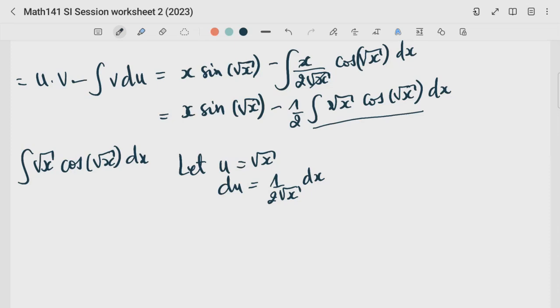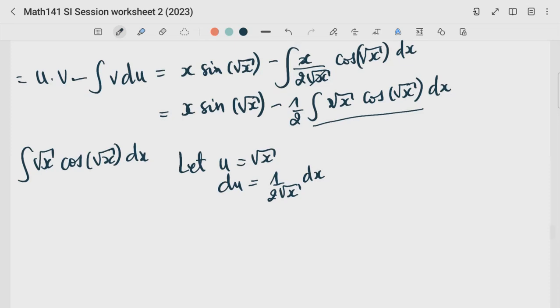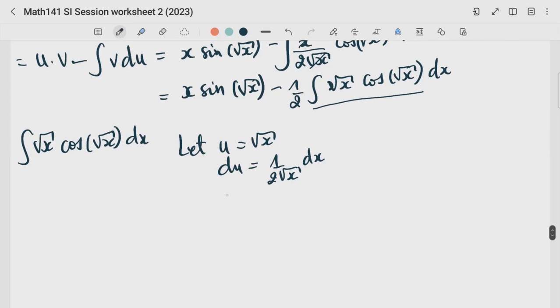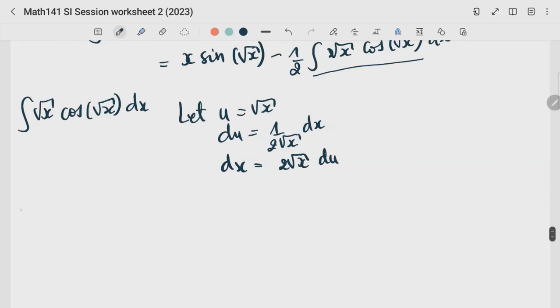Right, sorry about that. So moving on. So we have our du. Now let's find our dx. So our dx would be 2 root x du. So now let's substitute that.